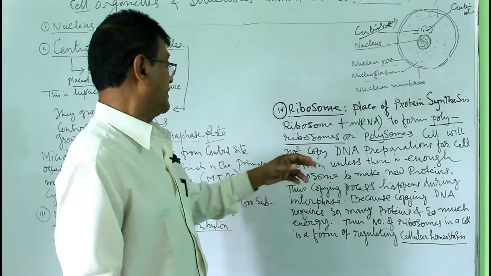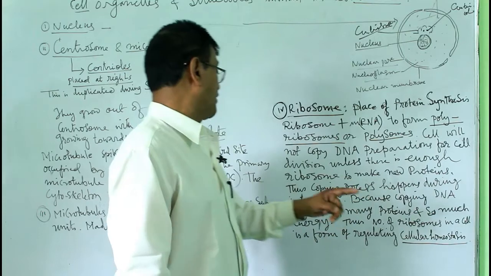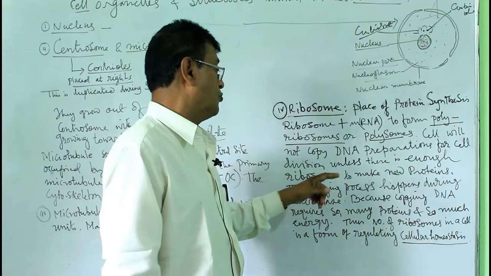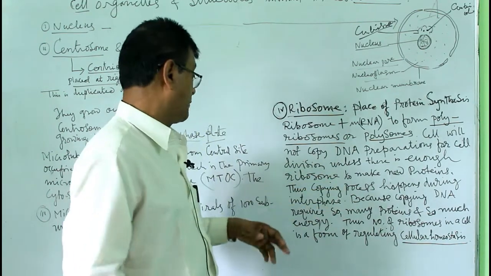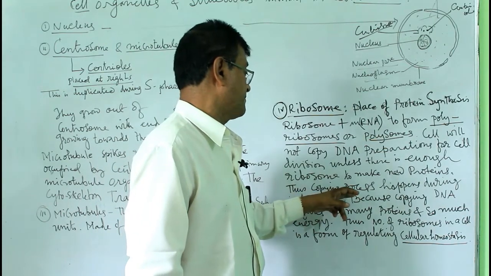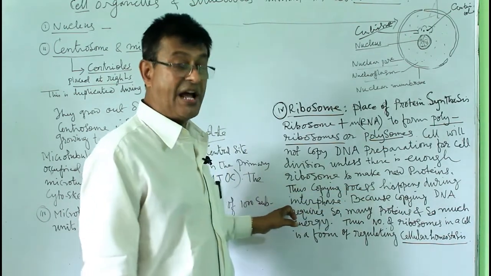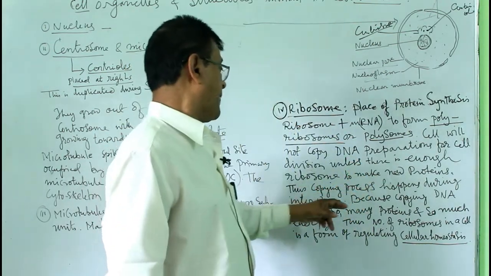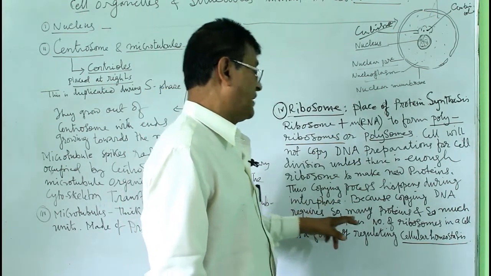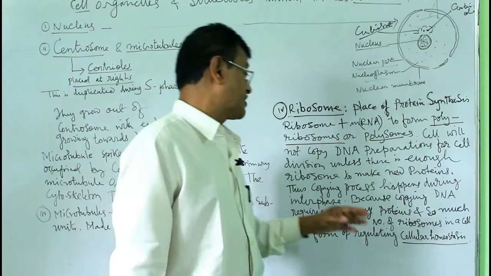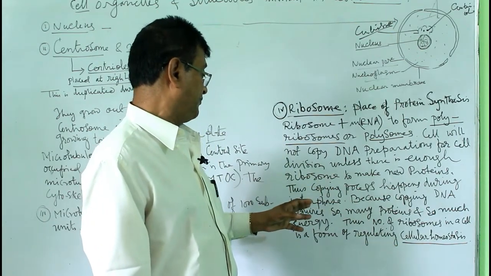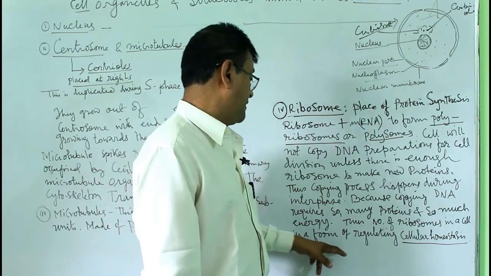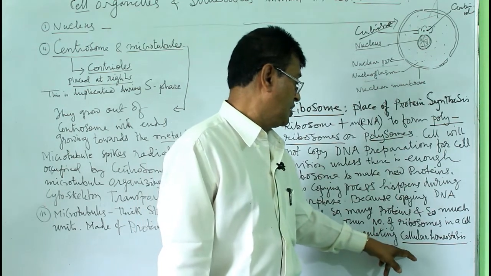So the cell will not copy DNA unless there are enough ribosomes to make new proteins. This copying process happens during interphase, because copying DNA requires so many proteins and so much energy. Thus, the number of ribosomes in a cell is a form of regulating cellular homeostasis.